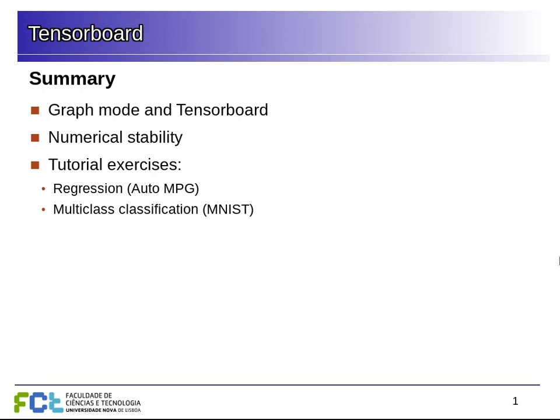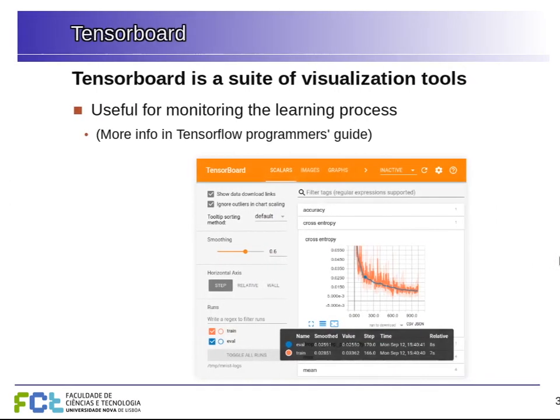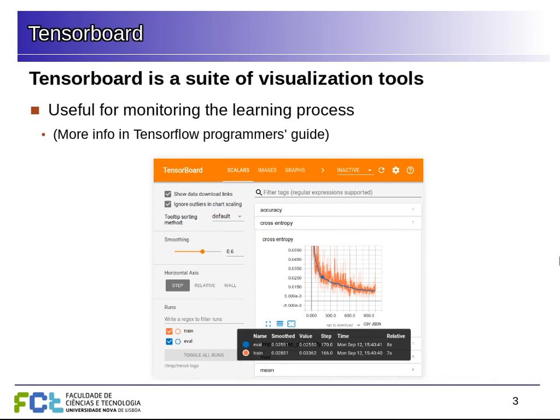So I'm going to talk a bit about Tensorboard, and then we'll see some problems with numerical stability and some details about the exercises. So Tensorboard is a utility, a suite of visualization tools that you can use in parallel with the training of your network.